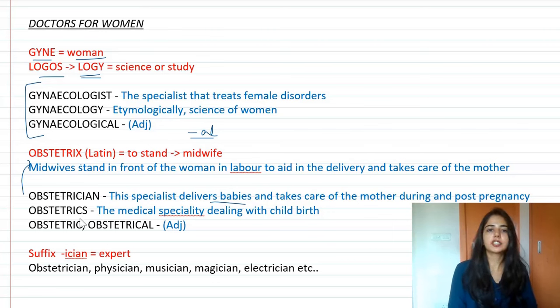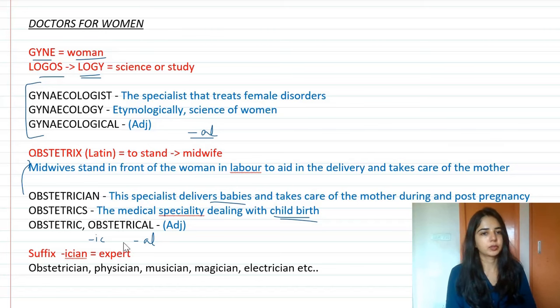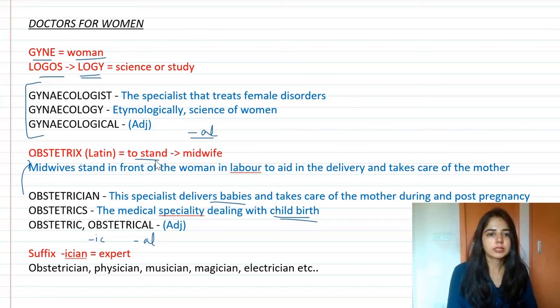It's called obstetrics, the medical specialty dealing with childbirth. Gynecologists are generally the doctors who treat female disorders, and obstetricians are those who deal with childbirth. And if we add the suffix ic or al, we get the adjective forms, which are obstetric and obstetrical. This comes from stand.